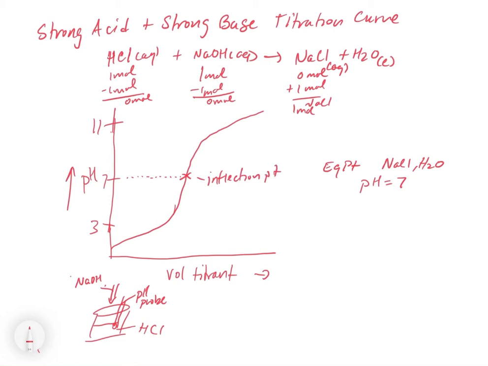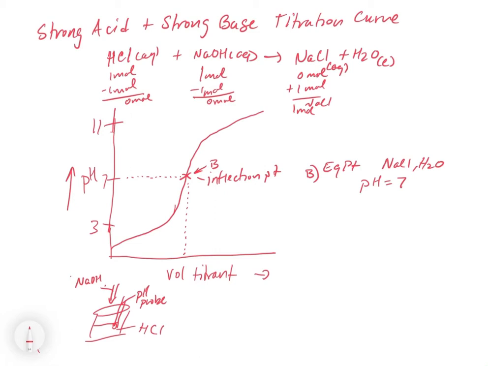I could have looked at this graph and figured out the inflection point by taking the derivative, or the second derivative, and wherever that second derivative goes to 0, which is where you get an inflection point in calculus, that's going to be where your equivalence point is. We're going to call this point B, and that's going to be my equivalence point. The pH at that point is going to be equal to 7 because the strong acid and the strong base make NaCl and water, which are both neutral.